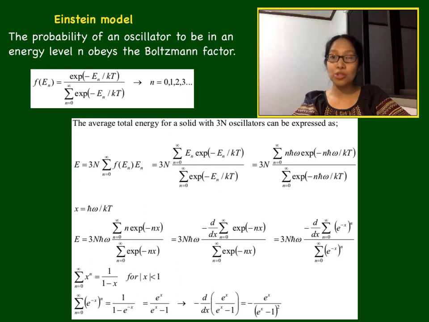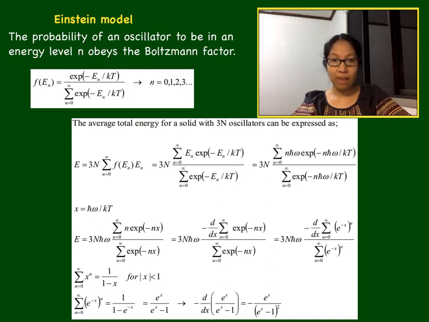Furthermore, we substitute the expression for the energy state, E sub n equals n times h bar omega, where h bar is Planck's constant and omega is the wave frequency. So it now becomes a complicated expression. To aid the manipulation of the equation, we substitute x for h bar omega over kT.